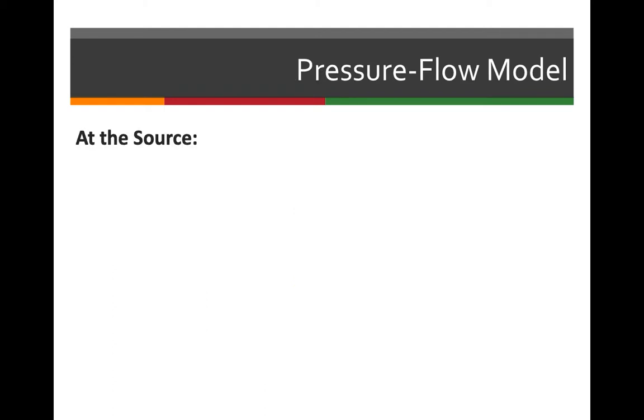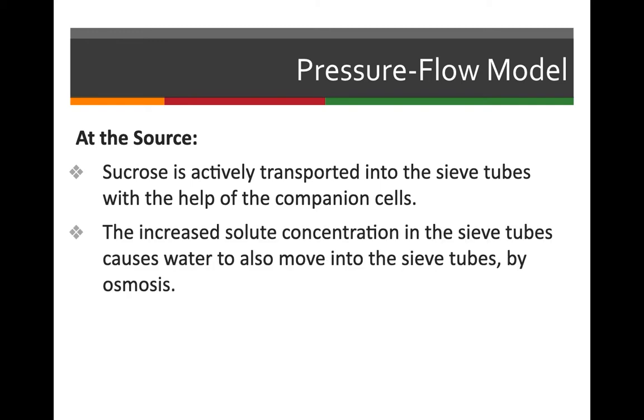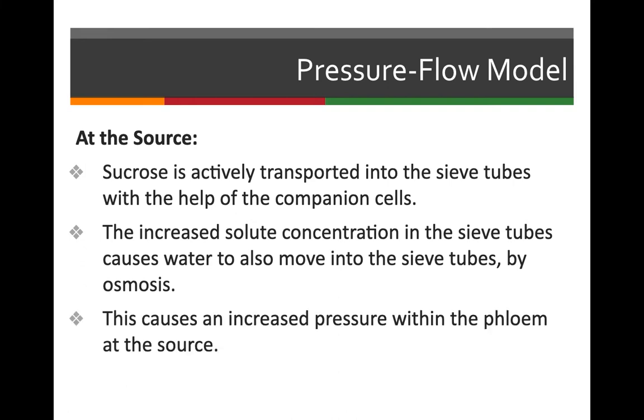For the pressure flow model at the source, sucrose is actively transported into the sieve tubes with the help of the companion cells. And so now, because there's more sucrose in the sieve tubes, so sucrose is the solute, water is also going to move into the sieve tubes to try to dilute that sucrose. So the movement of the water in there causes an increased pressure within the phloem.